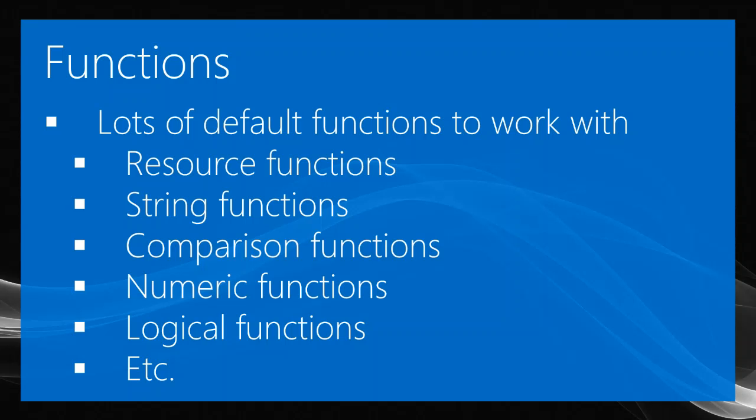So, for instance, there are string functions. Imagine you want to deploy a resource, and let's pick a storage account, because that's a very good example. You submit the value for the storage account name by using a parameter, which allows the person who executes and deploys the ARM template to submit some value.